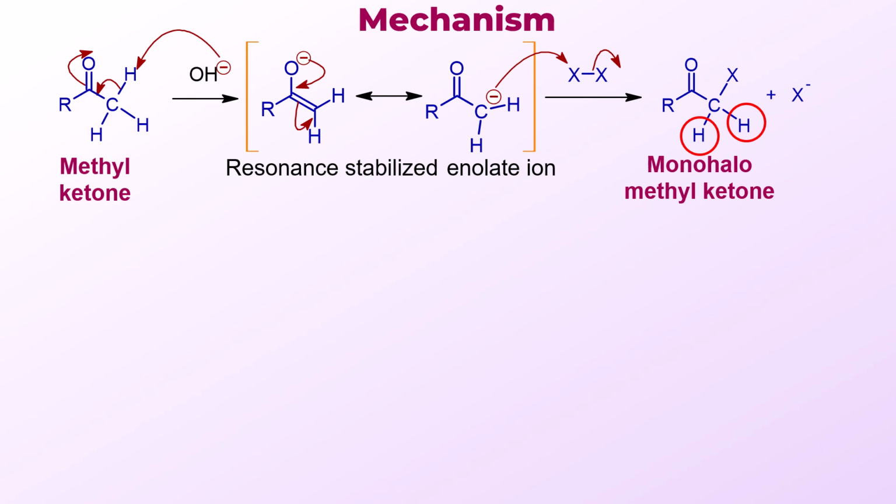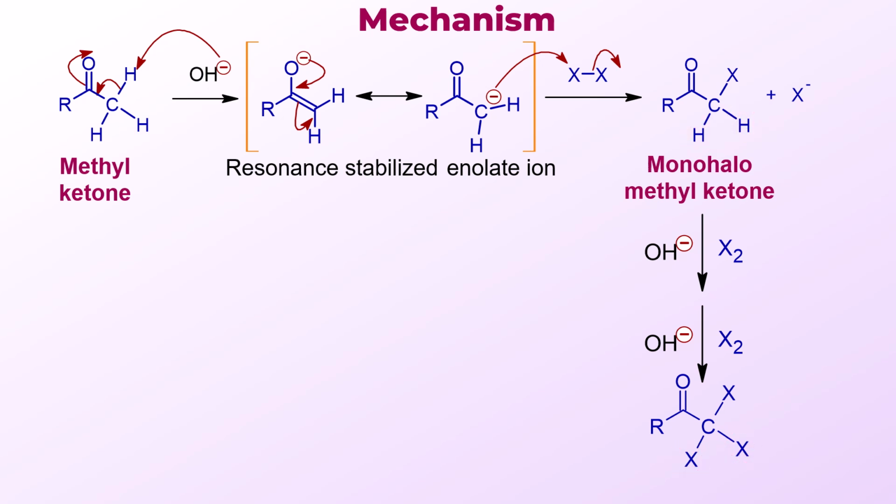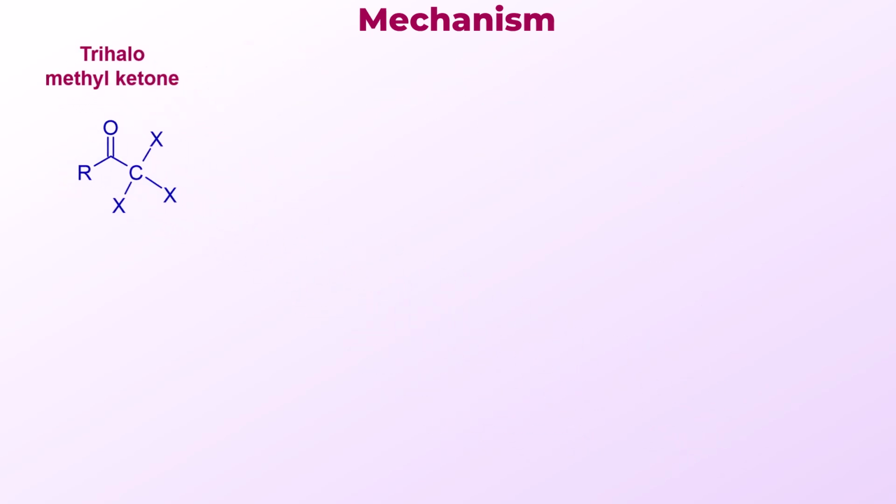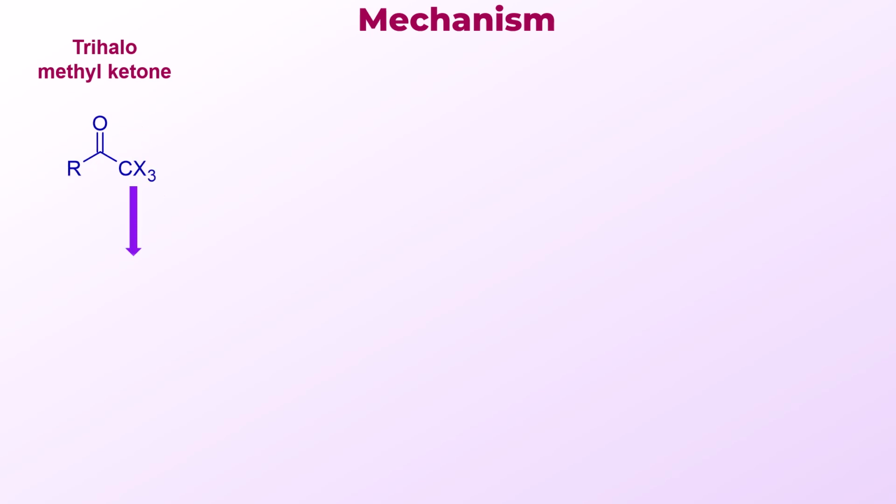Consequently, the reaction proceeds even faster, continuing until all the alpha hydrogens are replaced by halogen atoms, ultimately yielding a trihalogenated methyl ketone. The trihalomethyl group in the resulting ketone is a good leaving group.